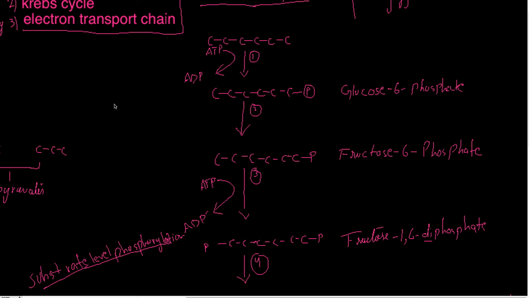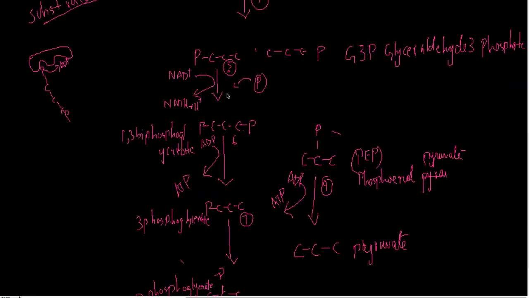Hold on, I think I made a little bit of... No, I did everything right, and yep, I do get 2 ATPs. Oh yeah, I totally forgot. Sorry about that. I did it right.